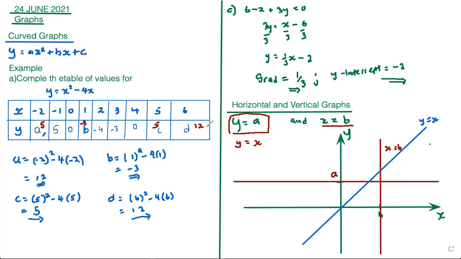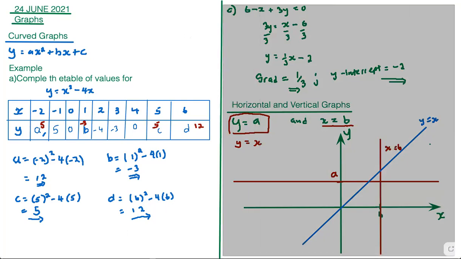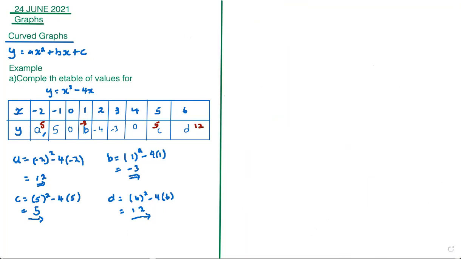Okay, that is the first part of the question. Complete the table. So you complete this table and you get your marks. Any problems there? Any problems? No, sir. Okay, no problems.